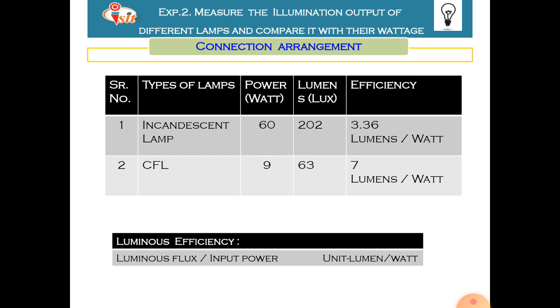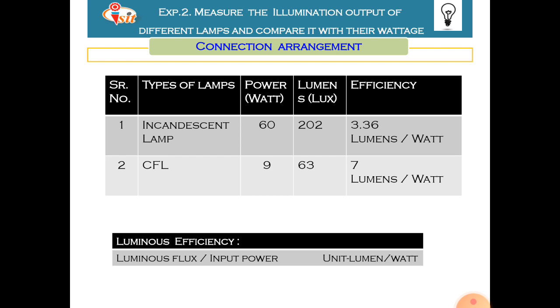Now the observation table. Here the incandescent lamp consumes 60 watt power and gives 202 lux, and its efficiency is 3.36 lumens per watt. The second one is for the CFL. Here we are using a 9 watt CFL lamp, meaning it consumes 9 watts, and it gives 63 lux output. Its efficiency is 7 lumens per watt.